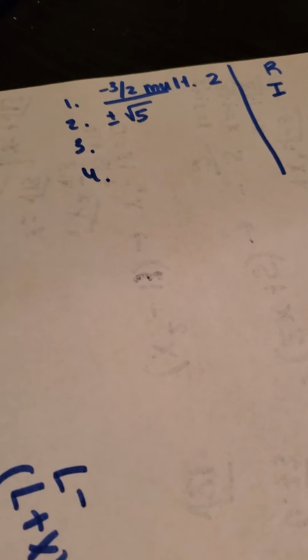So negative 3 over 2 multiplicity of 2, and then just make another column and put the R for rational. And then number 2 the same way, like you could do plus or minus square root of 5. You would get a long crazy decimal there, and so it would be irrational, and then so on. And that would probably be the best way to copy that down onto your paper. Hope that helped.